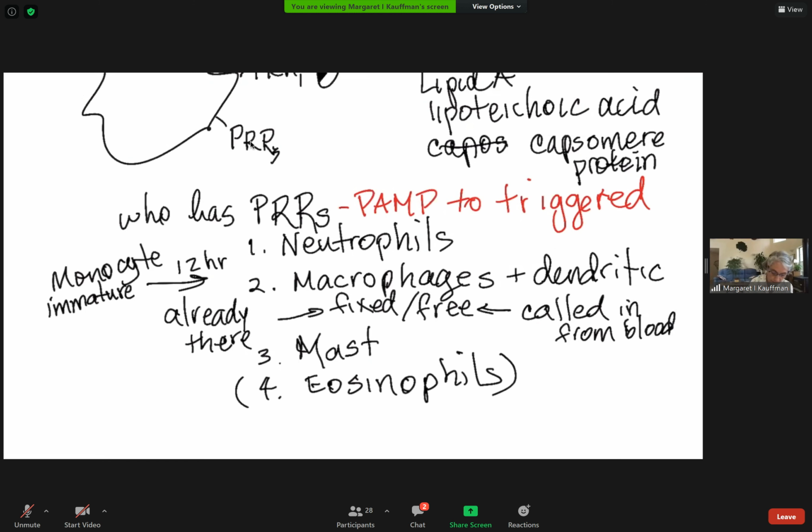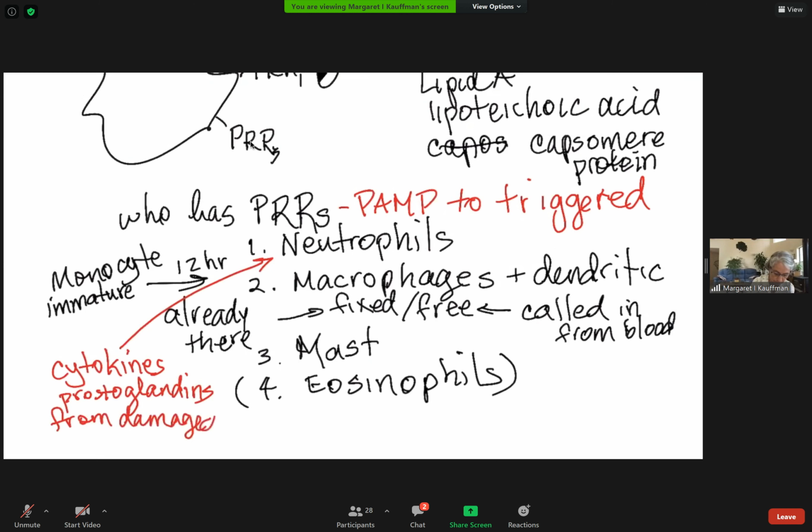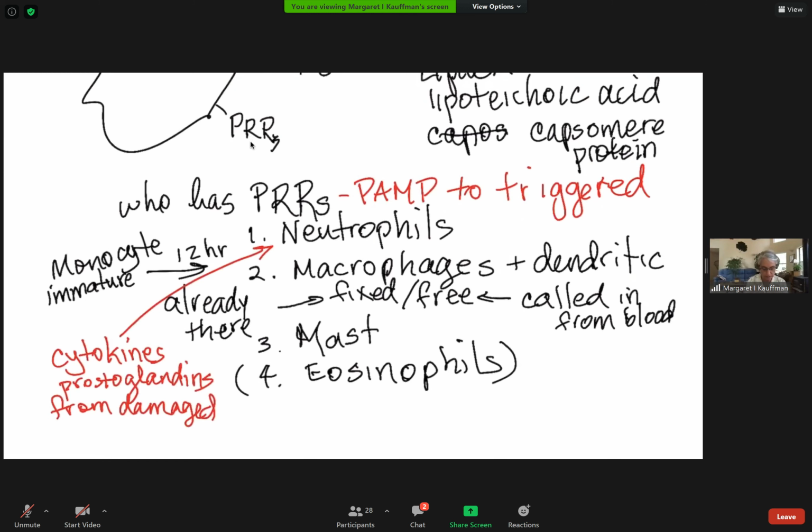So in this case, you can have cytokines. Some cytokines will trigger the neutrophils. In particular, things like prostaglandins released from damaged cells. So you don't even have to wait till you get an activated immune cell releasing the cytokine.